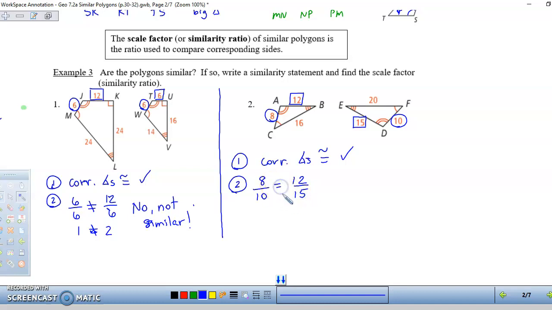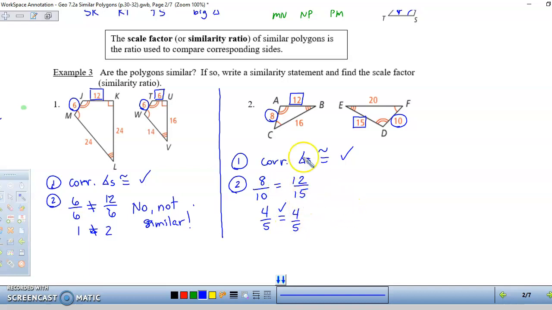Okay, we can just check really quickly whether those are proportional, because if they're not, then we don't even have to check the third part. So this reduces to 4 over 5 if you divide them both by 2. And then if you divide the other fraction by 3, you also get 4 over 5. Okay, so far, these are proportional.